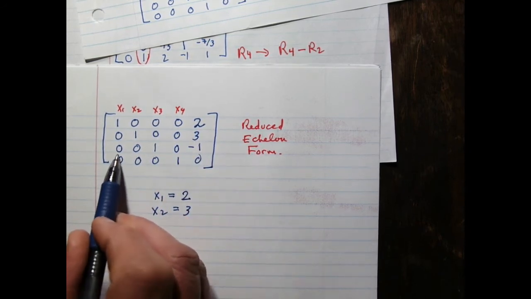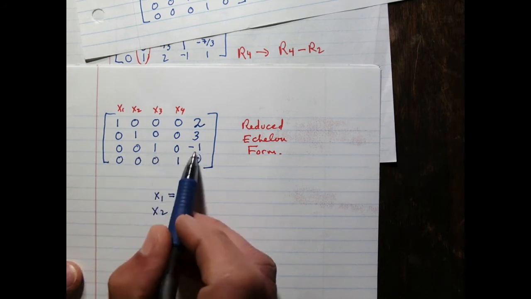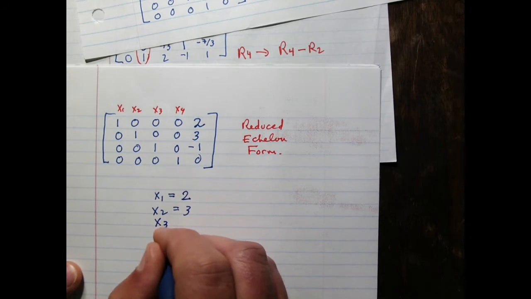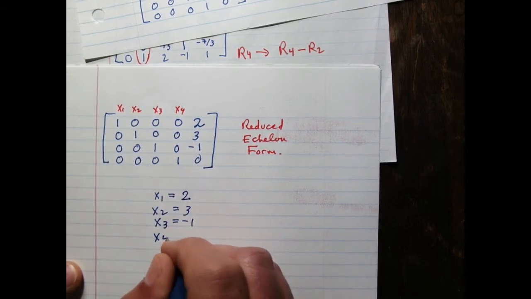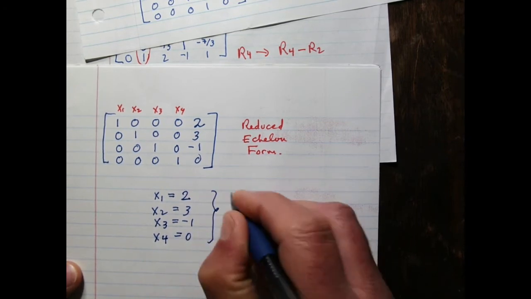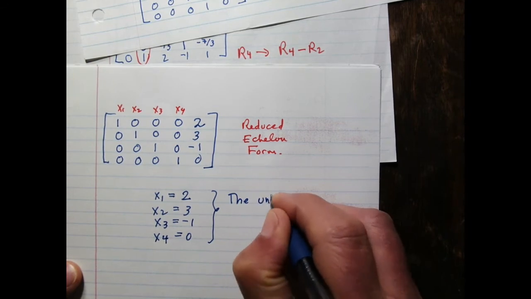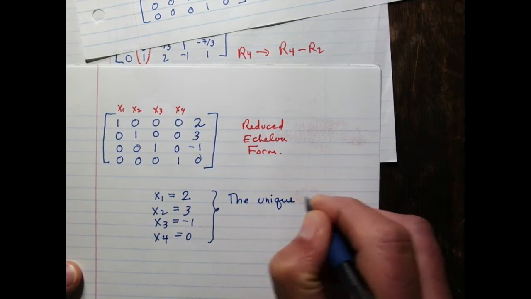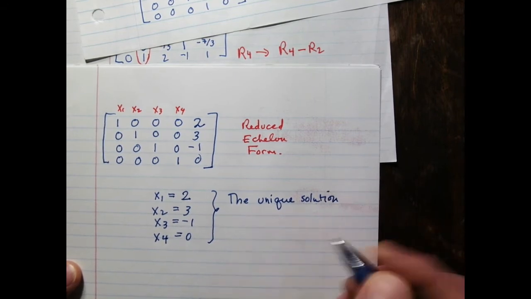And I think you can see what happened here. So the third row, I have x3 equals negative 1. And the fourth row is x4 equals 0. So this is the solution to the system. This is the unique solution to the system, meaning there's only one.